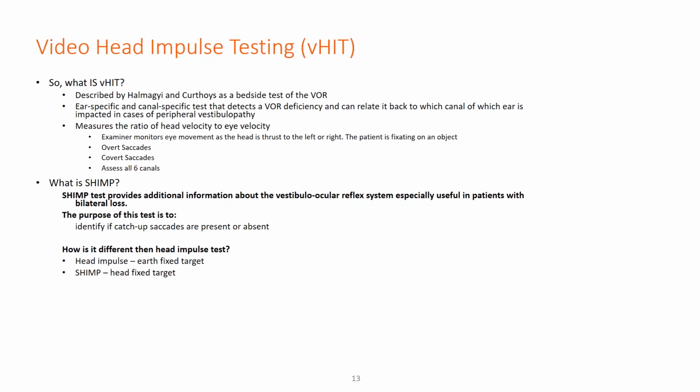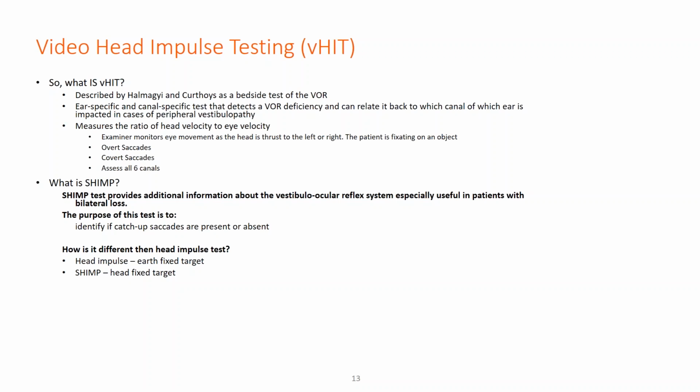Actually, the third type is normal eye movement, which is the absence of saccades. But covert saccades, which happen during the head movement, can almost present like no catch-up saccade at all. So you want to have a camera to help you detect this, something that's going to work with you.